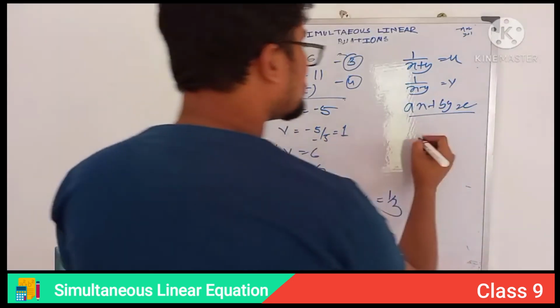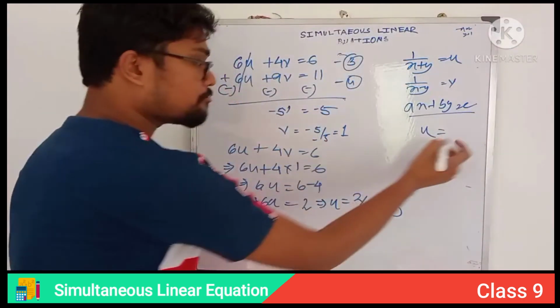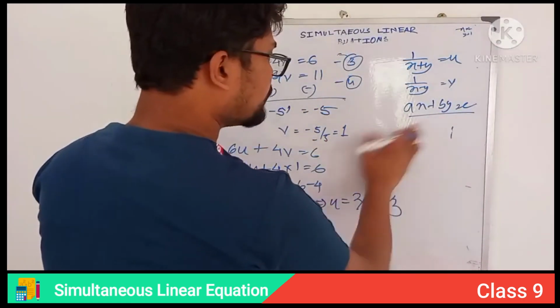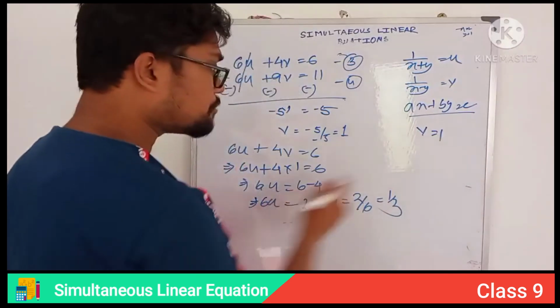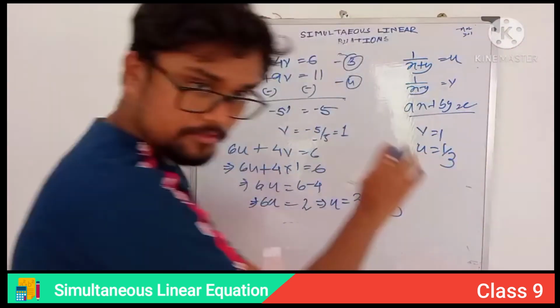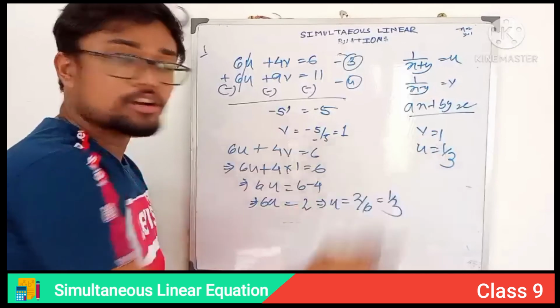So the value of v equals 1 and the value of u equals 1 by 3.